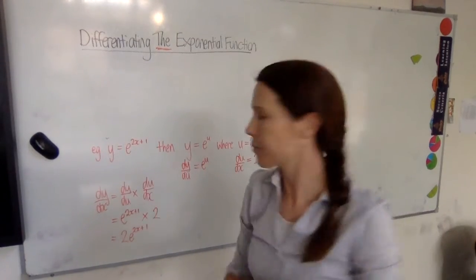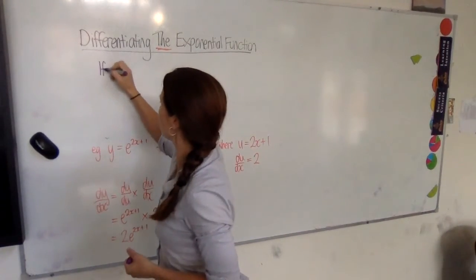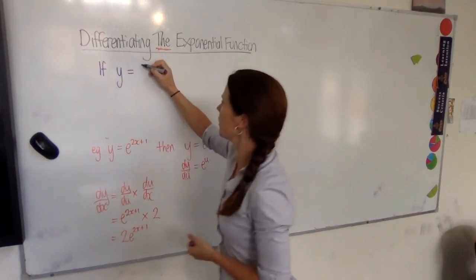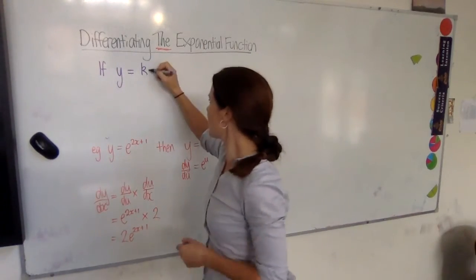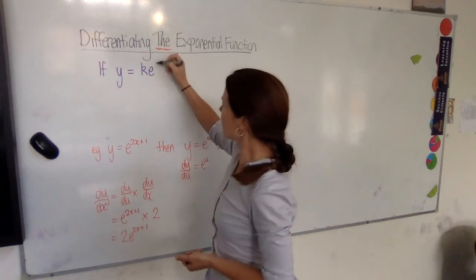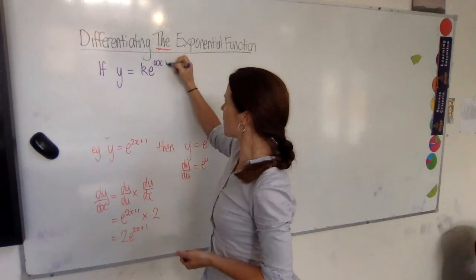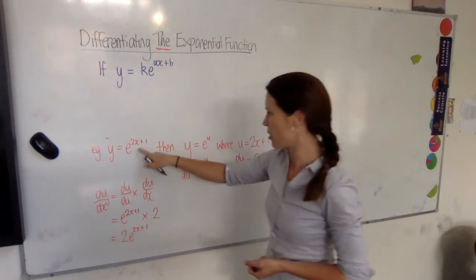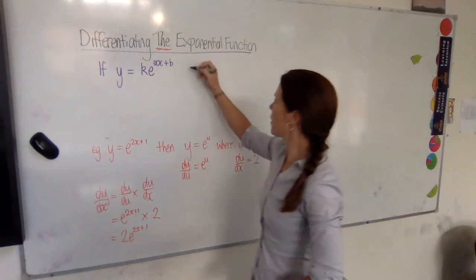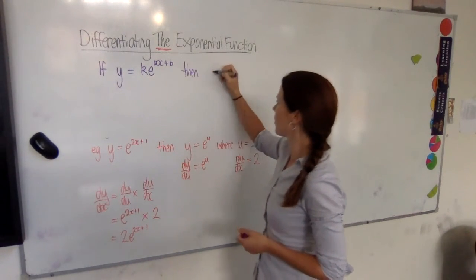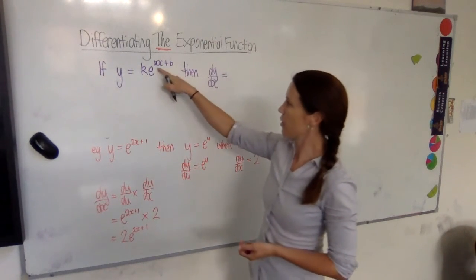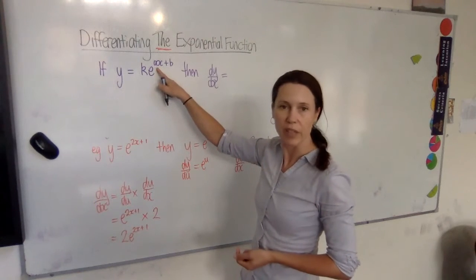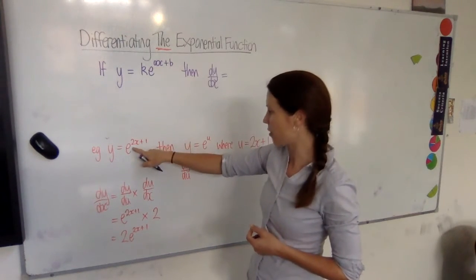Let's go a different colour. If y equals, now let's put a constant out the front and call it k, then our exponential function, and let's give it a function of x. Let's call it ax plus b, because that's what we differentiated here. Then what we've found is that dy/dx is equal to, well, we differentiated the power, which gives us a, just like down here it gave us 2.